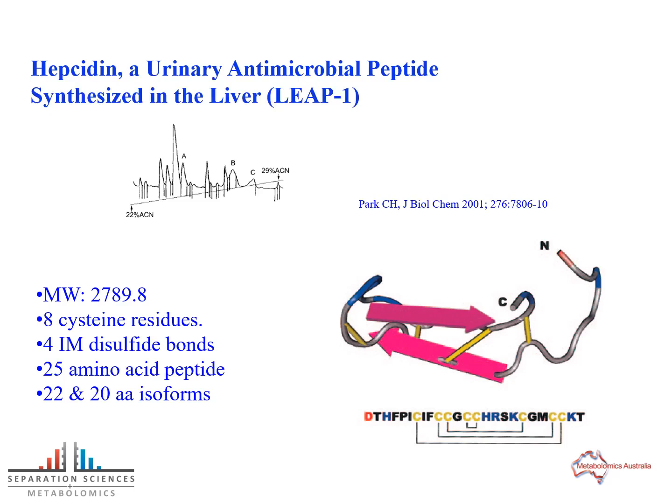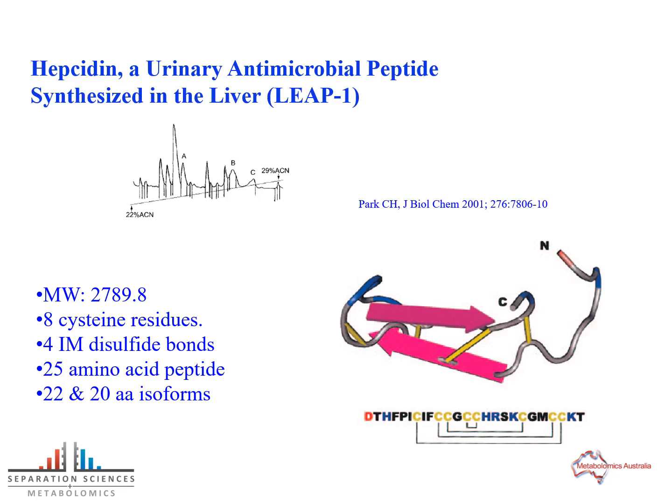All of the initial work was actually done in urine, and hepcidin was believed initially to be a urinary antimicrobial peptide. Even though it was expressed in the liver, it was originally given the name LEAP-1, liver-expressed antimicrobial peptide.